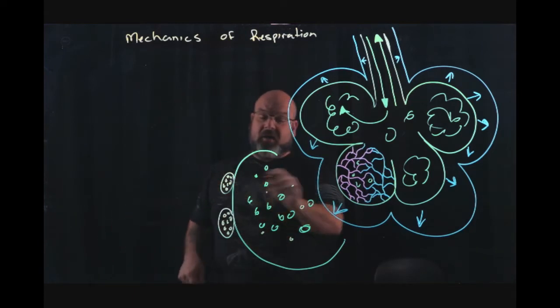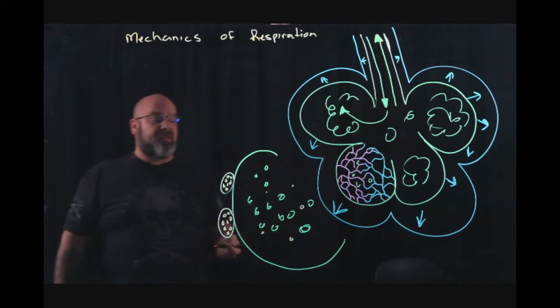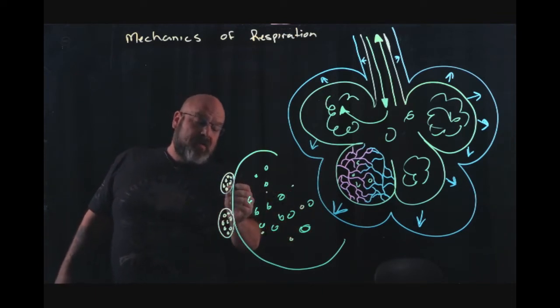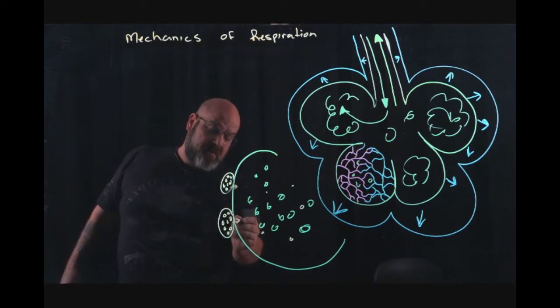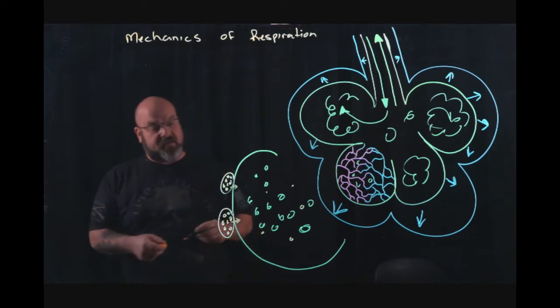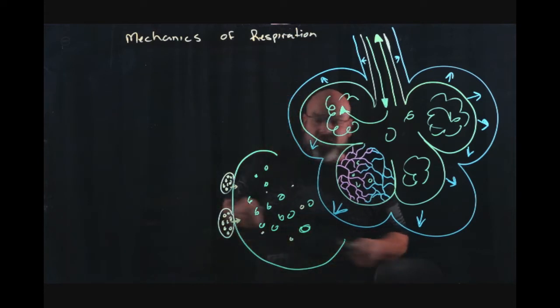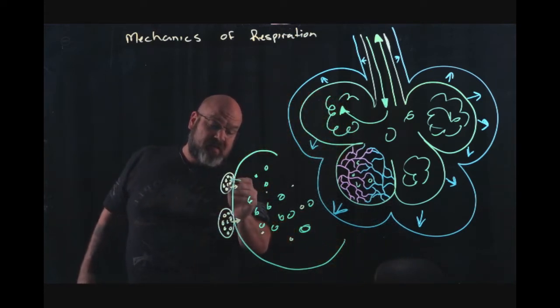We have a higher concentration of CO2 in the capillary and a lower concentration of CO2 in the alveoli. So that's going to start to diffuse across. Orange for CO2, orange is diffusing across. It is trying to equalize this pressure gradient. And at the same time, oxygen is going into the bloodstream.